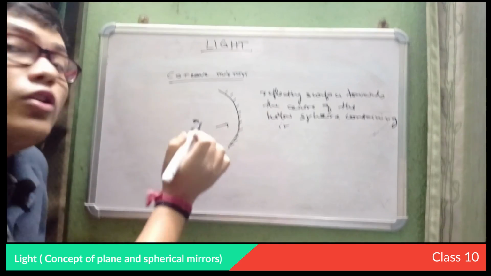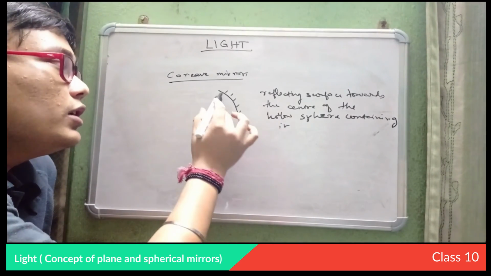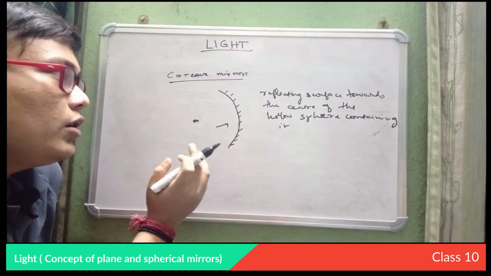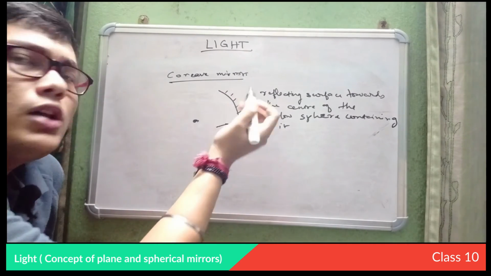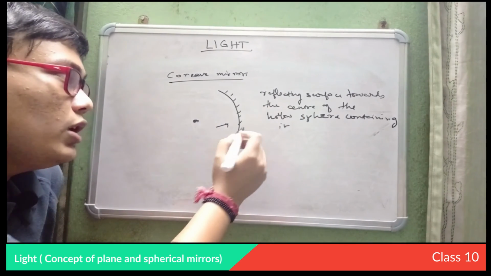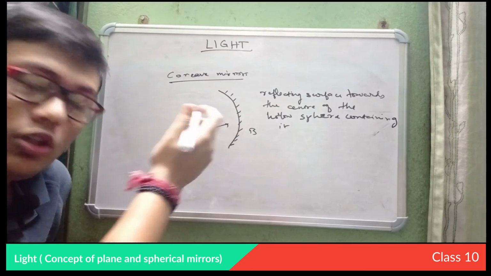If we consider this as the center, the reflecting surface is towards the center of the hollow sphere containing it, and the other side, let's say B, is naturally polished.